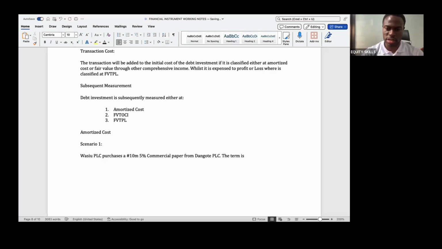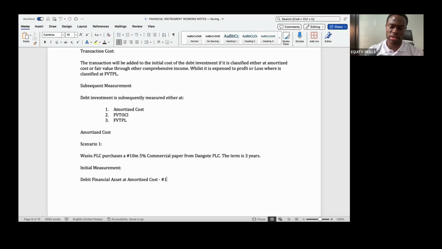Let's say the term is 3 years. Okay, let's do something simple as this. You know that initial measurement will simply be debiting your debt investments, which is a financial asset, so you need to classify it properly.